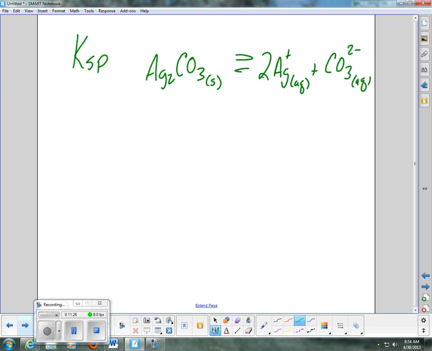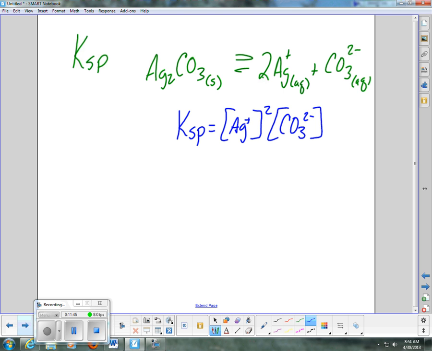So I'd write the KSP for this. What do we know about KSP? What do we drop out of KSP? Solids and liquids. So when I write the KSP for this, KSP is just Ag+ squared times CO3 2-. Done. Got it, Parker? Okay.